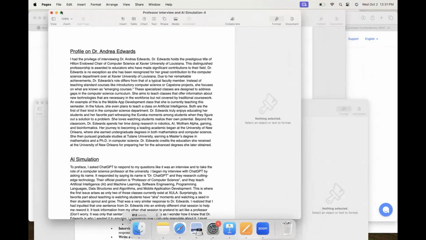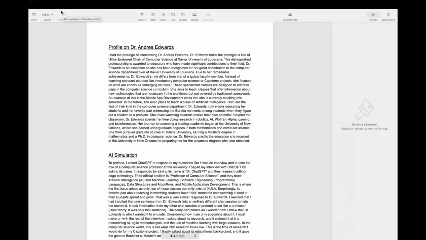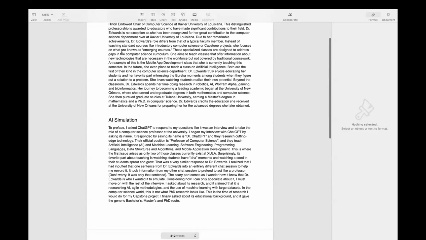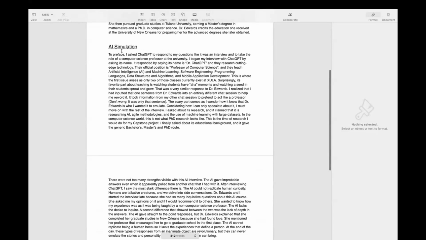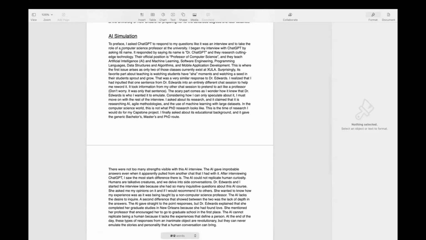Do you all see this? Yes, okay. So I have one student who interviewed Dr. Edwards in the computer science department, right? They had a great conversation with Dr. Edwards. I'm not going to read it all, but you can read it. When they did the AI section, they changed the name.